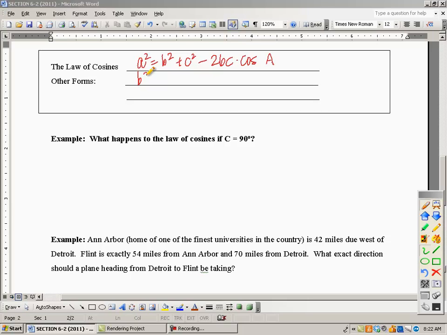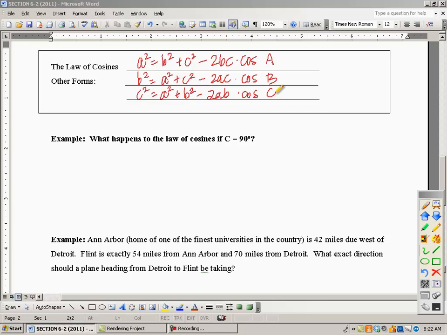The other one you have is B squared equals A squared plus C squared minus 2AC times the cosine of B, because again it said equal to B squared. Last one, C squared equals A squared plus B squared minus 2AB times the cosine of C.